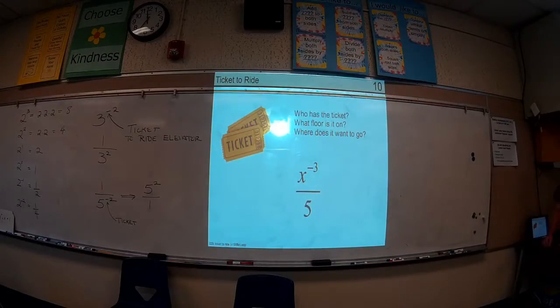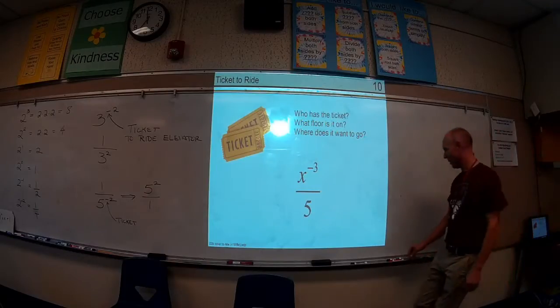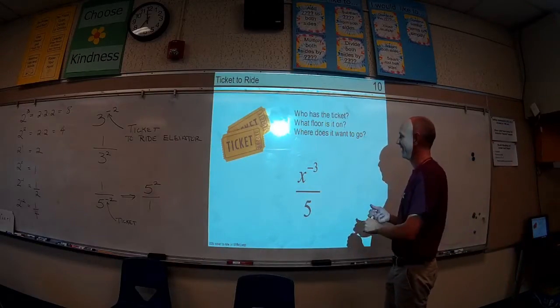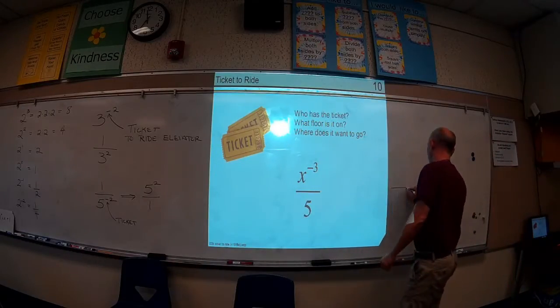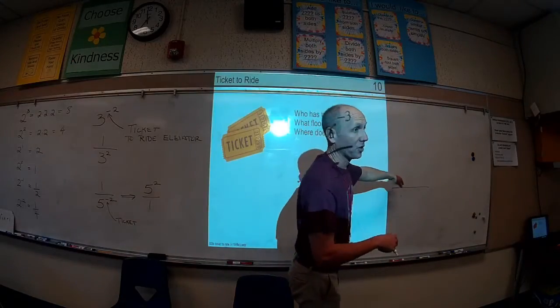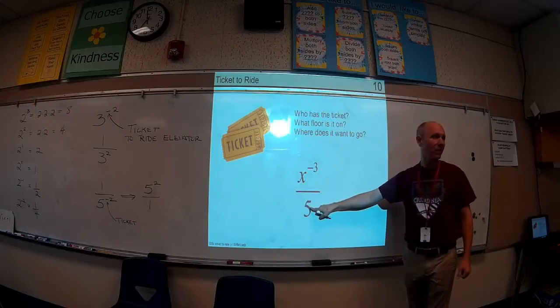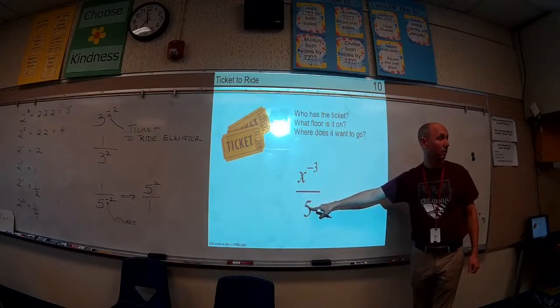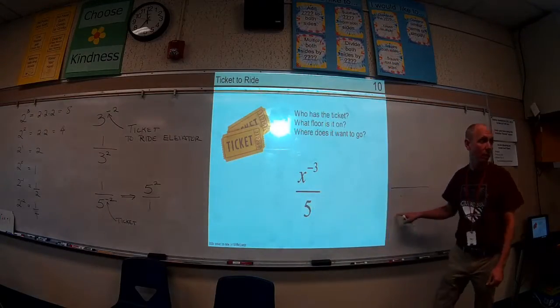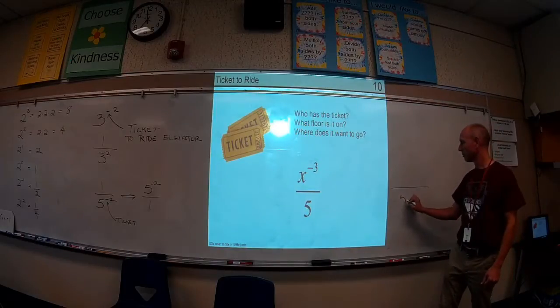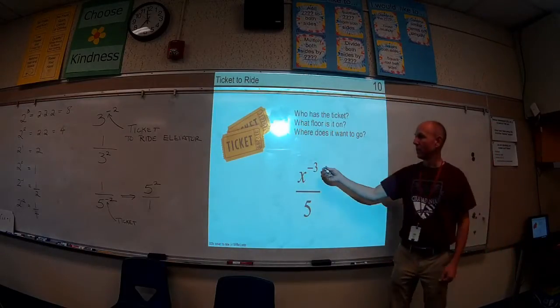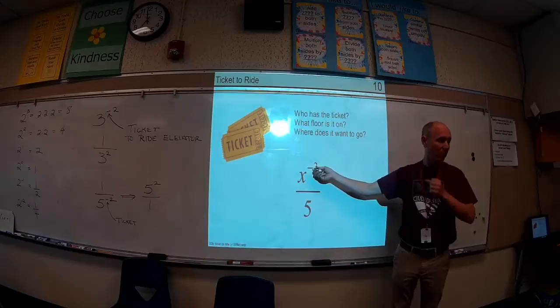So would it be 5 to the -3? Okay, draw the house. There's the house. Does the 5 have a ticket? No. Where is he currently? On the bottom. So where's he going to be over here? Does the X to the -3, is there a ticket there?